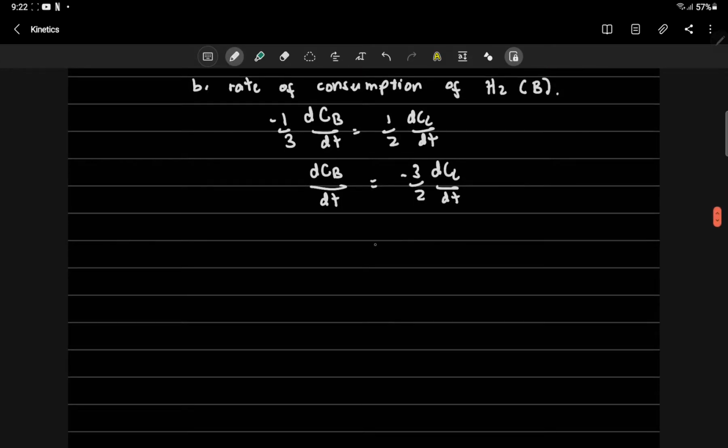And we will now substitute the value for the rate of formation of C, which is again 1.2. So what you will obtain here will be minus 1.8 millimoles per cubic decimeter second. This is now the rate of consumption of hydrogen.